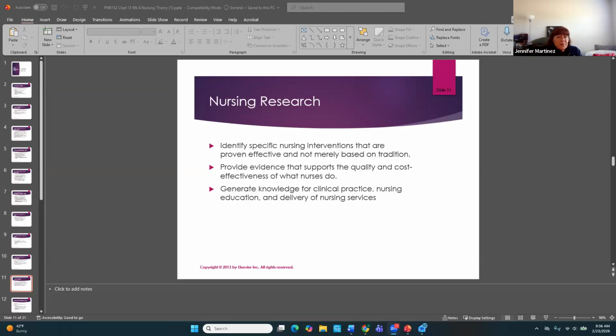And then it also helps to provide evidence to support quality and cost effectiveness of what nurses do. We know that nurses spend more time with our clients than any of the other providers do. Could you imagine not having nurses, if doctors were just the ones that popped in on you every few minutes? Or could you imagine doctors popping in on you every 5 minutes?